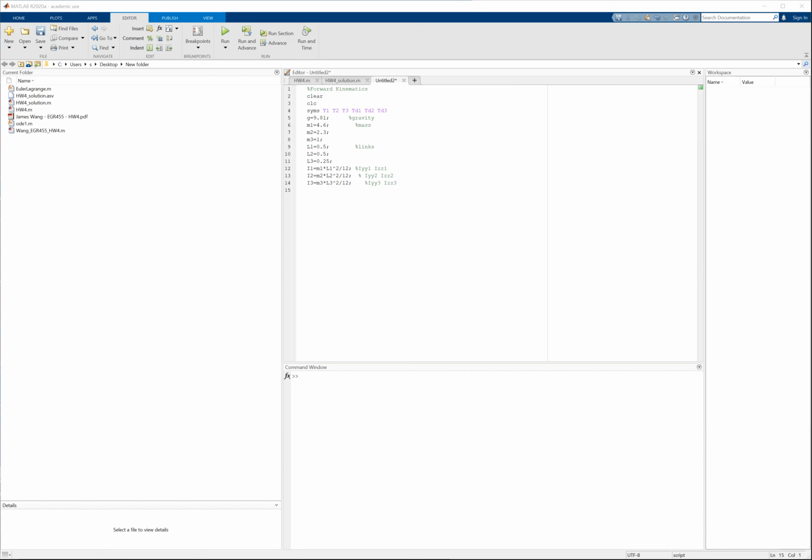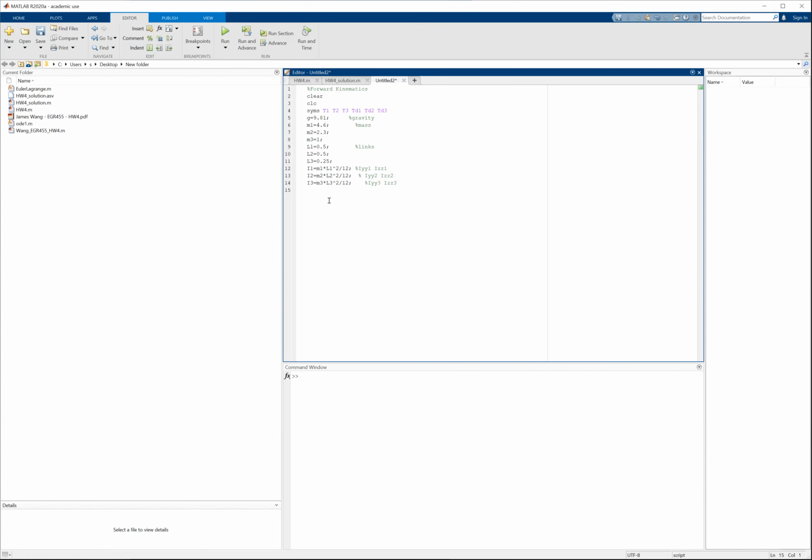Now, what I'm going to do is, I'm just going to write h01, h12, h23. So the next step is homogeneous transformations. And we have derived these.